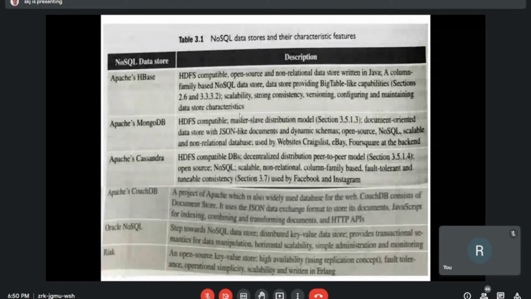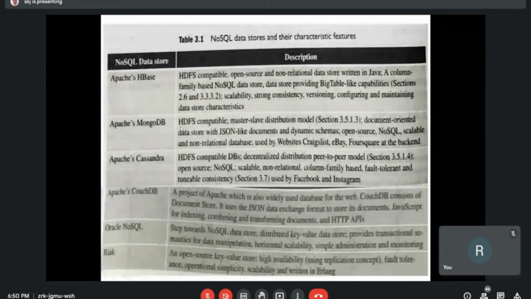Second is MongoDB. This MongoDB is very popular, and nowadays there is a demand in the market for people who have expertise or training in MongoDB, and you will find several MongoDB courses online. It is HDFS compatible. HDFS we have discussed, the Hadoop Distributed File System.